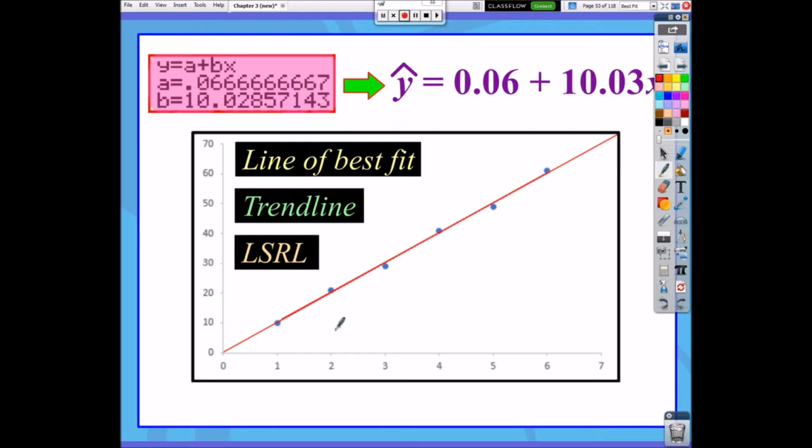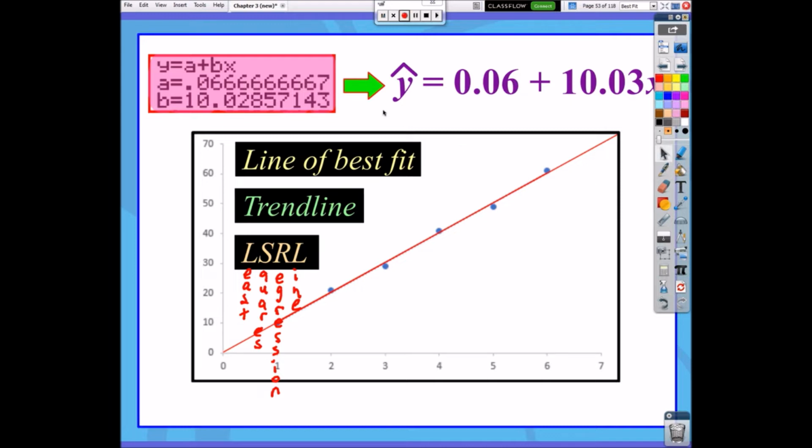Some other names you might hear for the line of best fit are the trend line, or what we're going to refer to it as, the LSRL, which represents the least squares regression line. I will discuss what that specifically means in a future video.